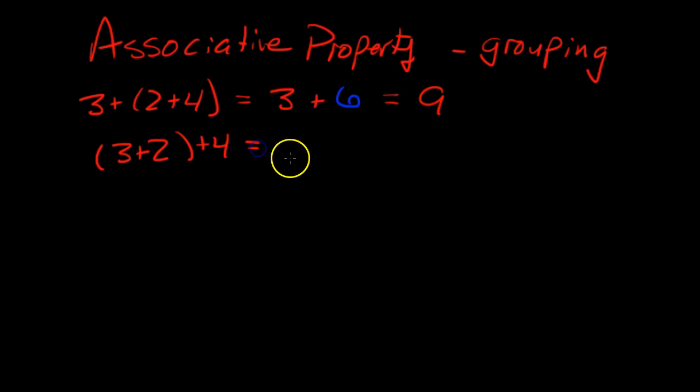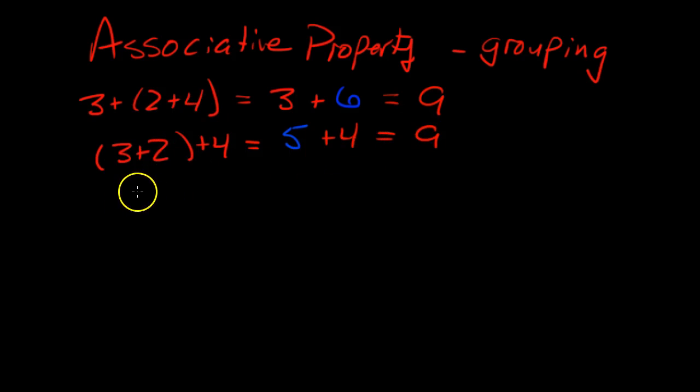Now if I group the other way, I do 3 plus 2 first, and I get 5. Then I use my plus 4 here, and when I add them together, I get 9. So the way that I grouped things together didn't change my answer in the end.